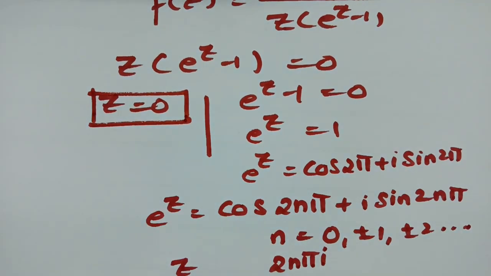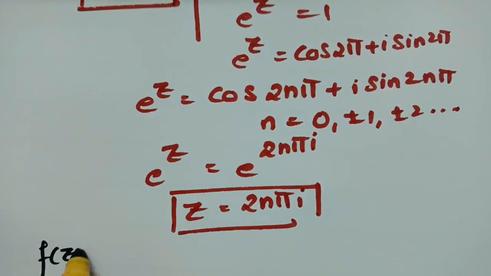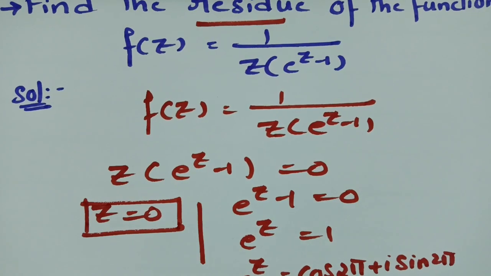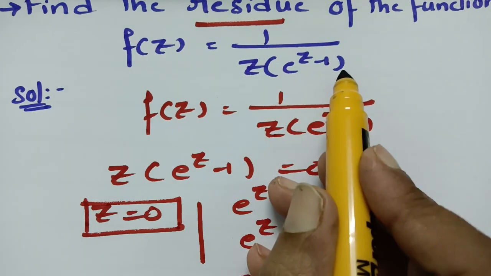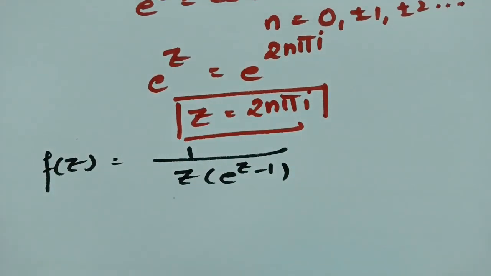And let's get started to find the residue of the function. So what is the function given? f(z) is given as 1/(z(e^z − 1)).